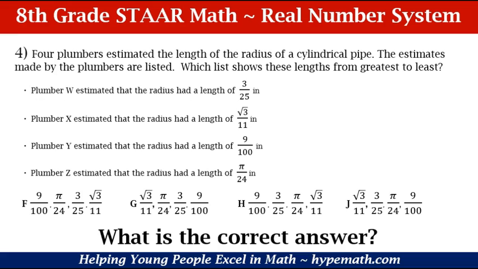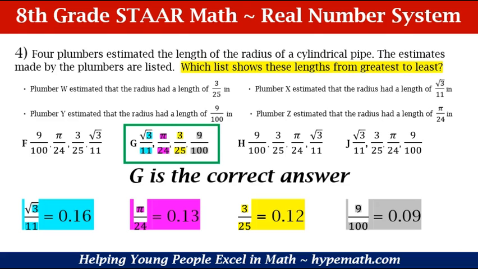Since we have those values, what is our correct answer? If you said G, you are correct. Let's take a look. For answer choice G, we have the square root of 3/11, which we've already said is 0.16 when converted to a decimal.